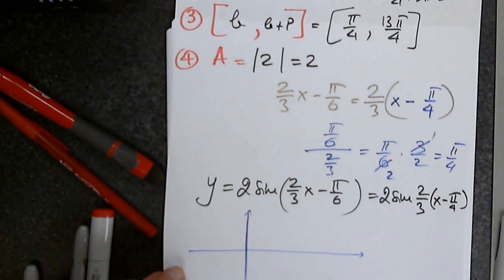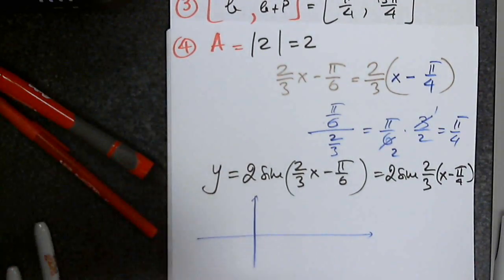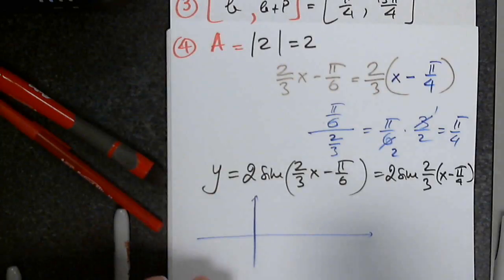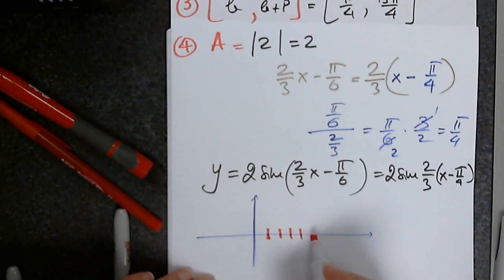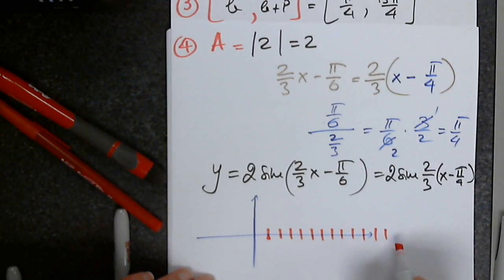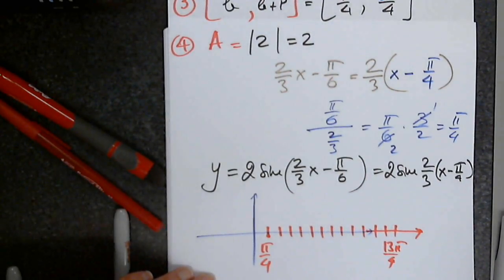So if I choose my unit to be pi over 4, please follow this for a second. 1, 2, 3, 4, 5, 6, 7, 8, 9, 10, 1, 2, 3. 13 pi over 4 and pi over 4.